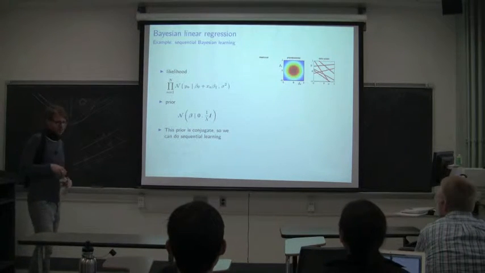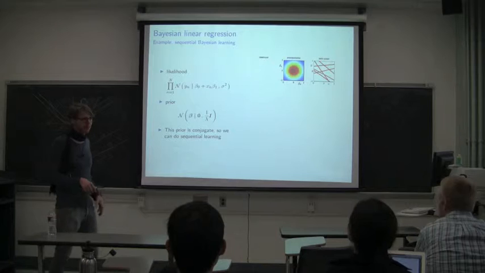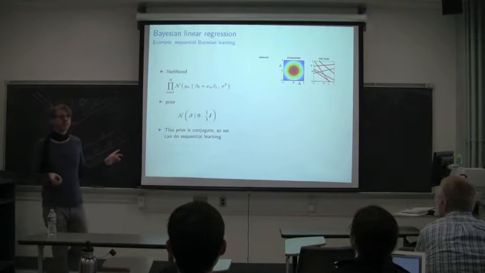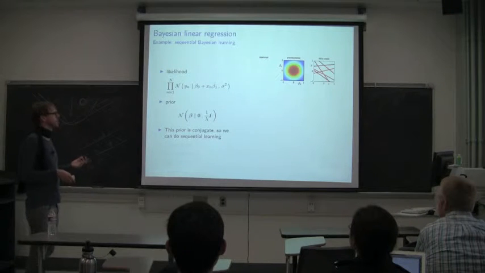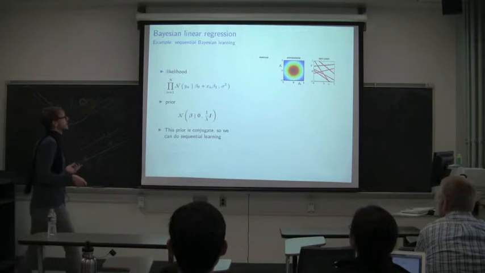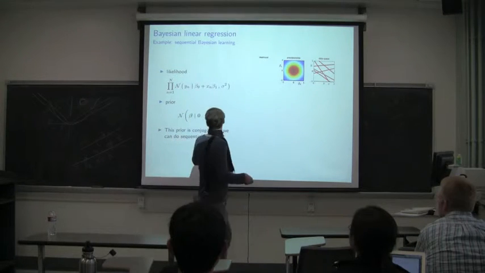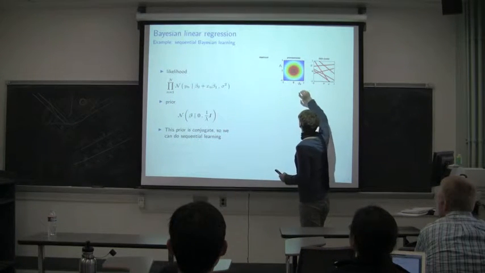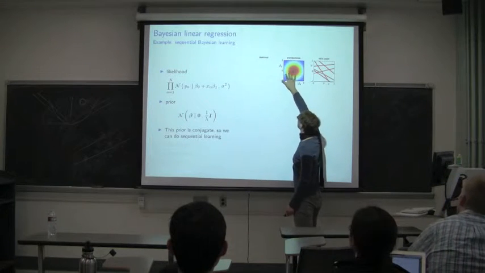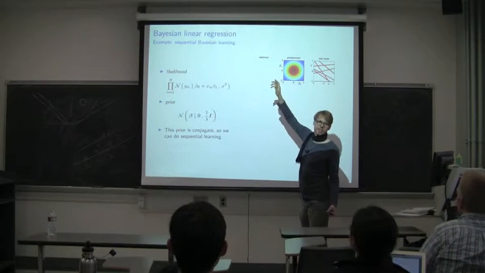We said for the Gaussian distribution, we can come up with this kind of sequential learning. You can do the same thing here, and that is what I'll show you now, and that's actually quite funny. We start in the beginning with our prior. Our prior is basically a spherical Gaussian, 1 over lambda times identity.